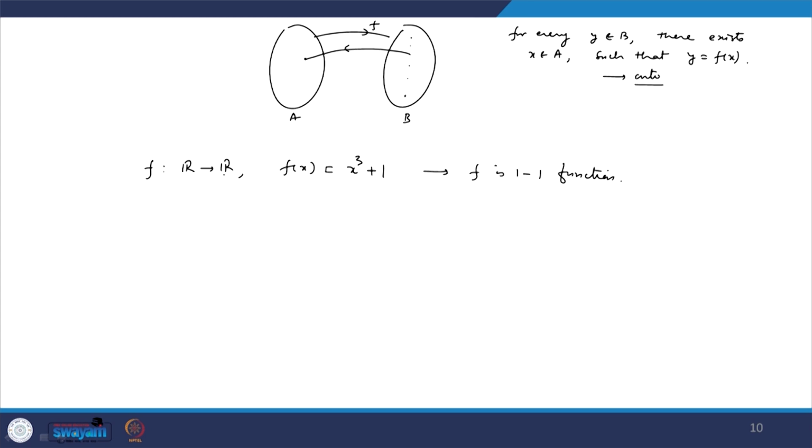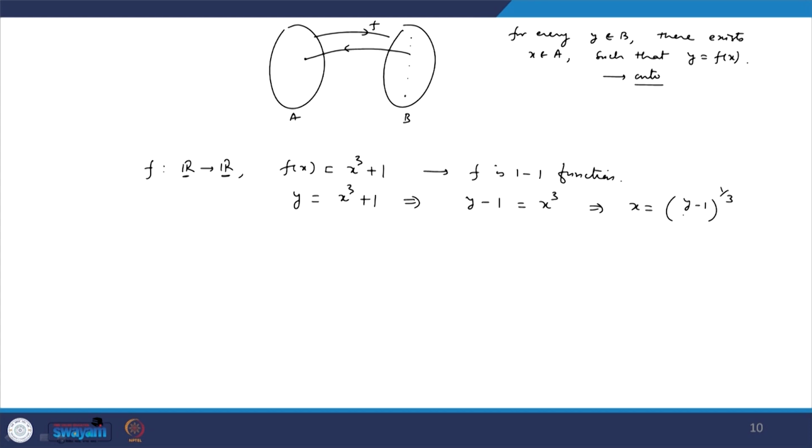Onto means for every y in R, there will always exist a pre-image in x, I mean in the domain set. So say y equal to x cube plus 1. It implies y minus 1 equal to x cube, and it further implies x equal to (y minus 1) raised to power 1 by 3.